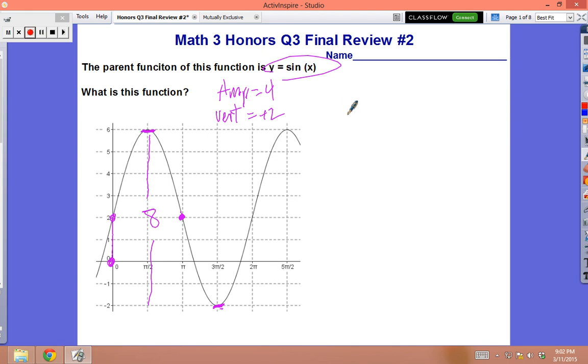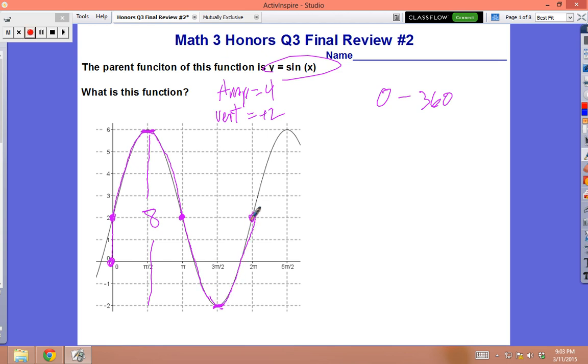We need to know 4 things. We need to know the amplitude, the vertical shift, and probably the period. The period usually starts from 0 and goes to 360, and that makes one cycle. So let's start here at 0. Pretend this is a roller coaster. You get on halfway up, you finish the climb, then you go all the way down, and then you start to climb back up, but you stop halfway.